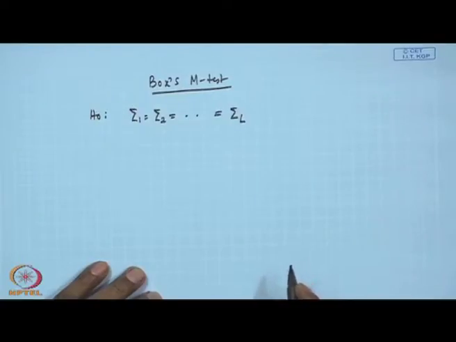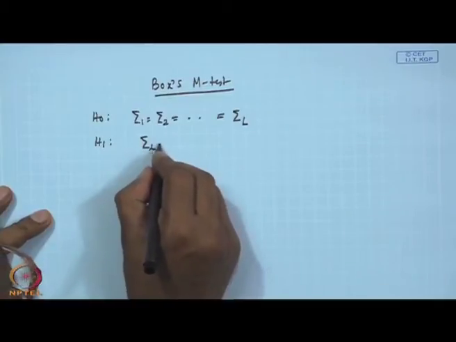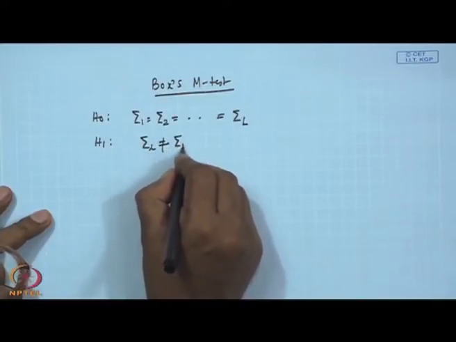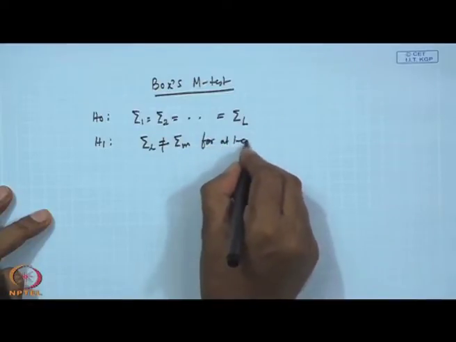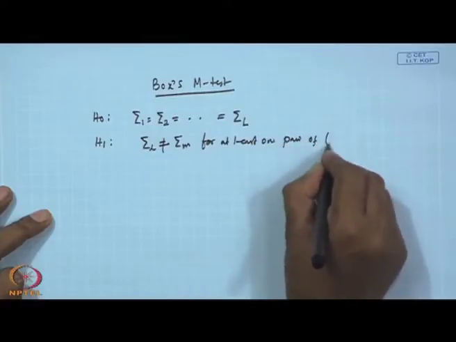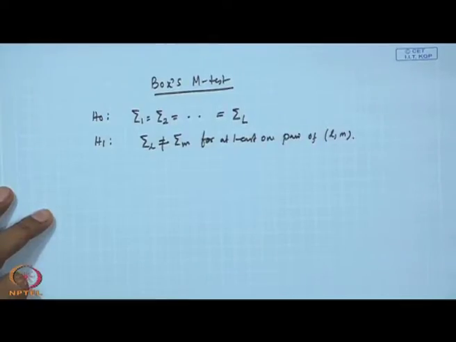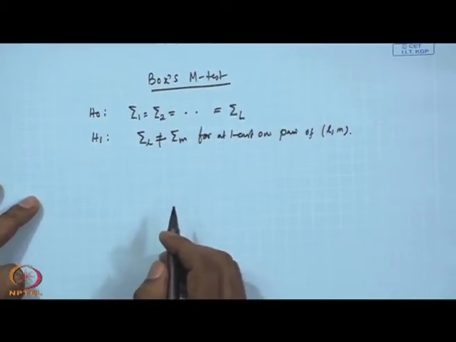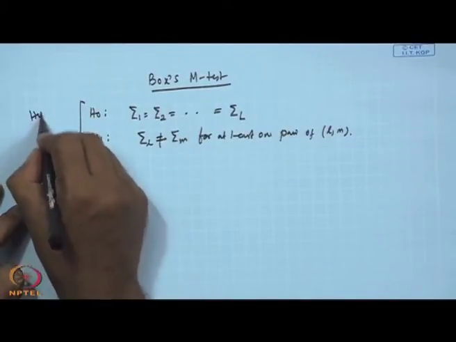Okay. And your alternative hypothesis will be sigma L not equal to sigma M for at least one pair L, M. Okay. So this is our hypothesis.